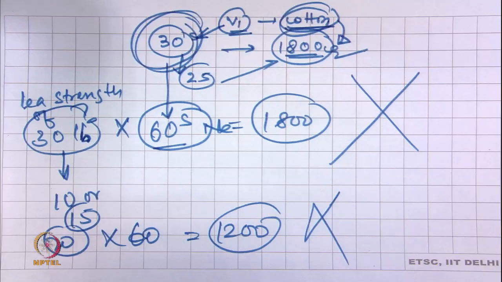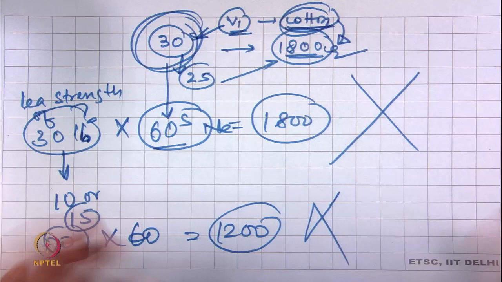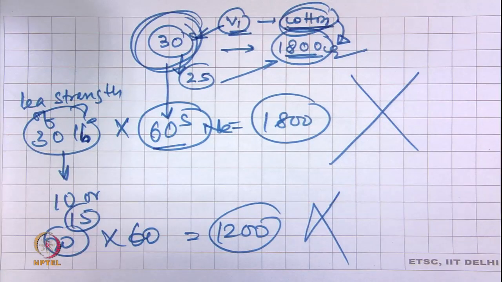That means we are actually trying to overuse this. We are not trying to use the actual potential of this machine. This cotton is meant for around 30s count, and this cotton will give us 1800 CSP.